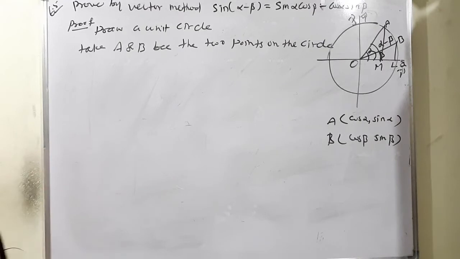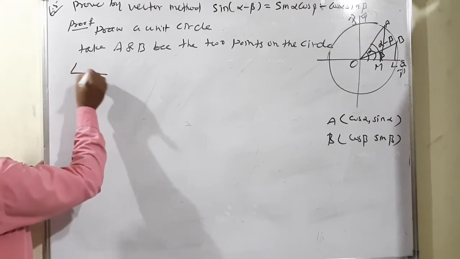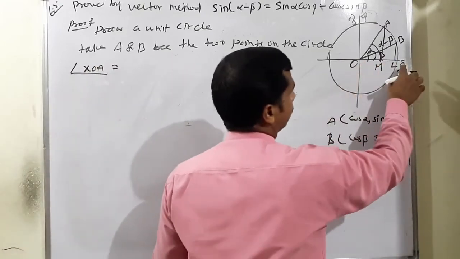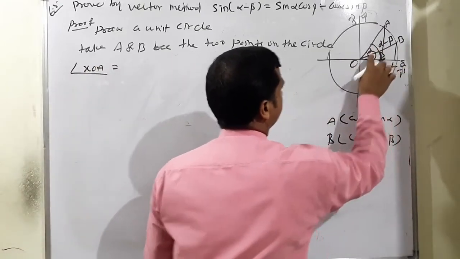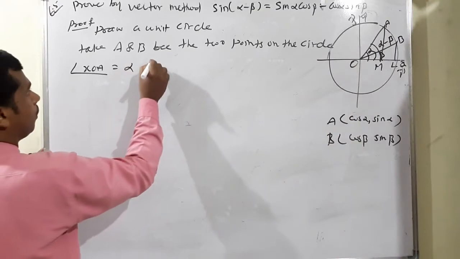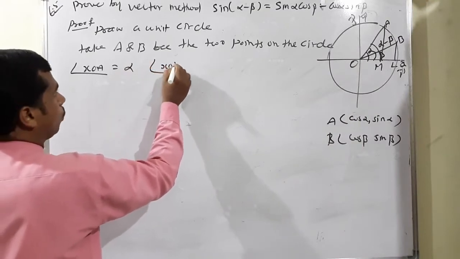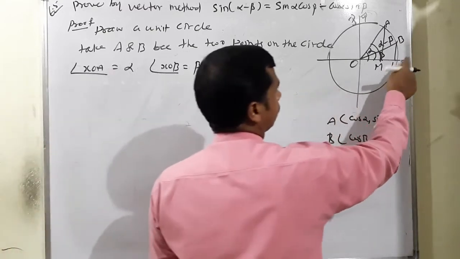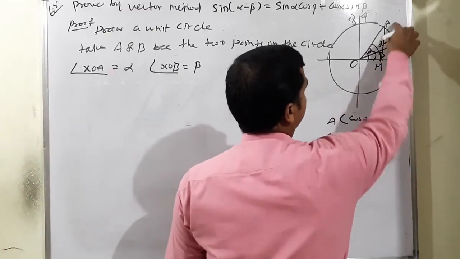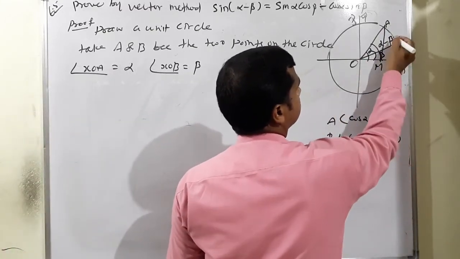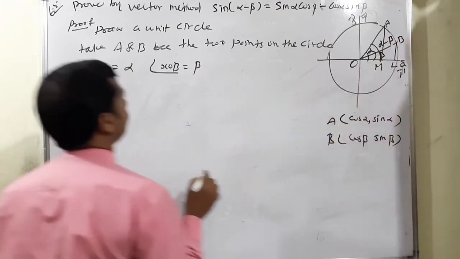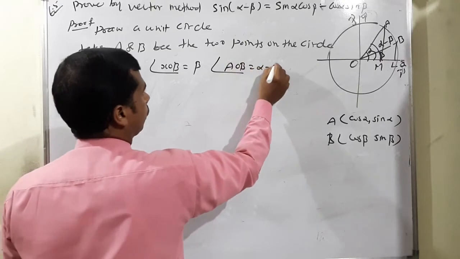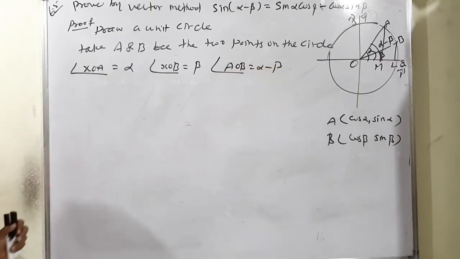Now angle XOA we consider as alpha. Then angle XOB is equal to beta. Then angle AOB means alpha minus beta. Angle AOB is equal to alpha minus beta.